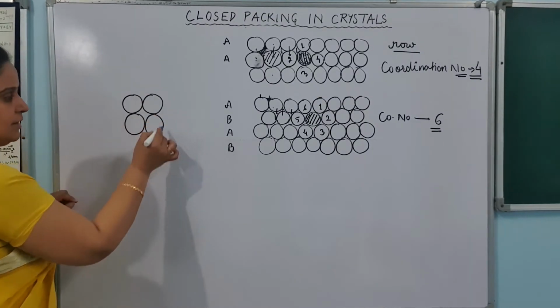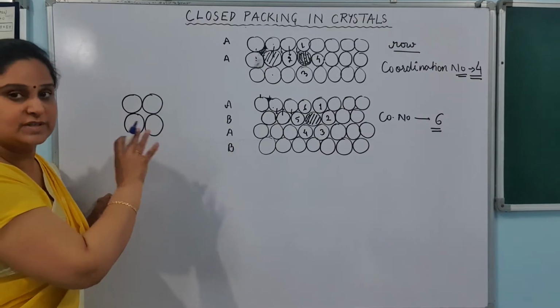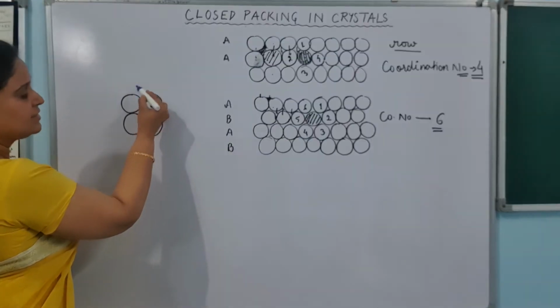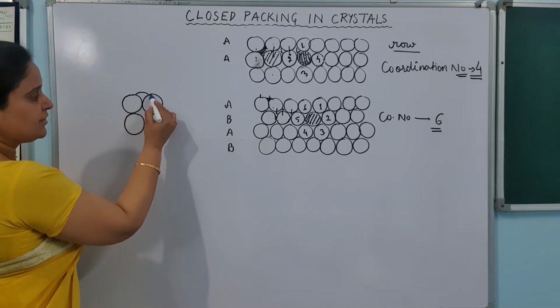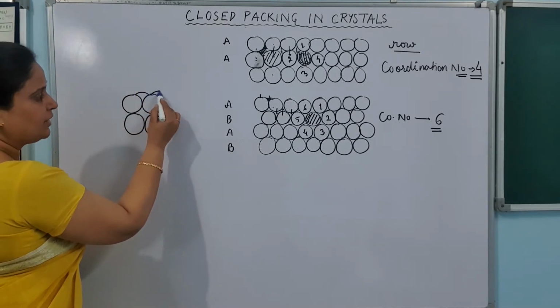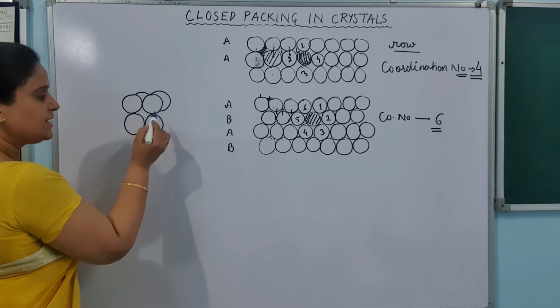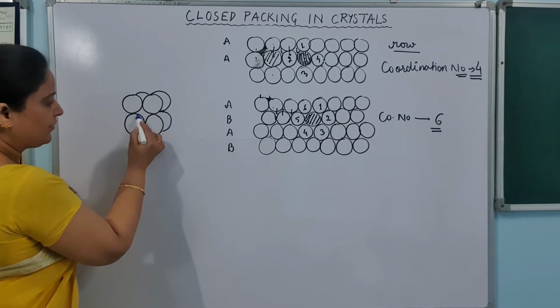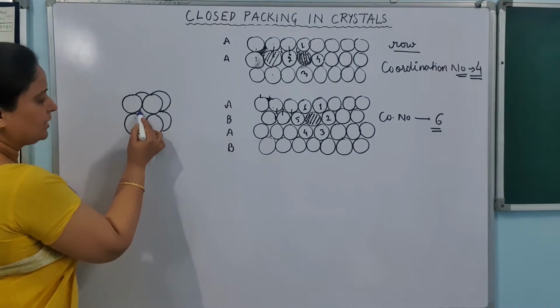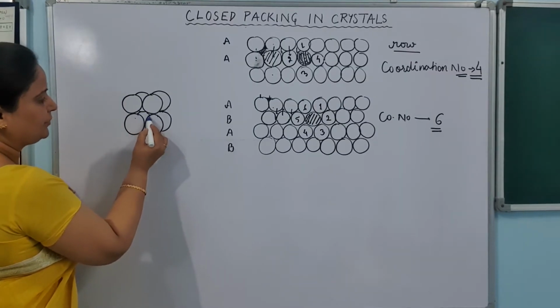So this is my AA type of 4 balls I have made here. Just at the back side of this, there will be another ball. Just after this ball, there will be another ball. Same way, after this ball, there will be another ball, and after this ball, there will be another ball.